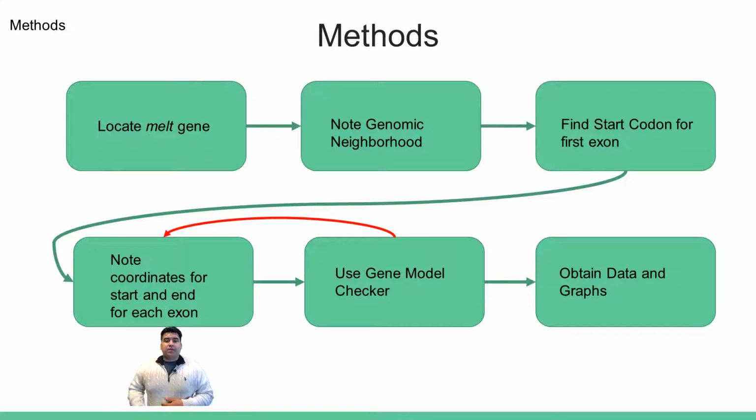Then I use a program that the Genomics Education Partnership maintains. It's called the Gene Model Checker. Basically, I put the coordinates in that. It tells me if I did it in the correct format. And then from that, I can obtain a couple of data visuals and additional data that I can use for my final analysis.